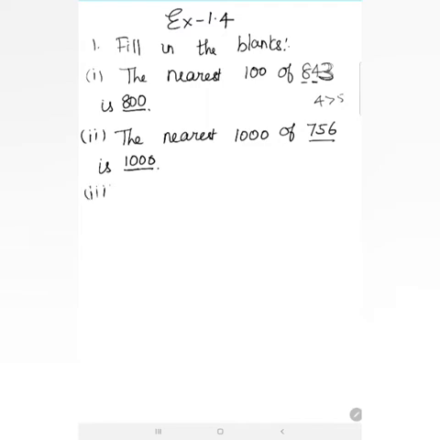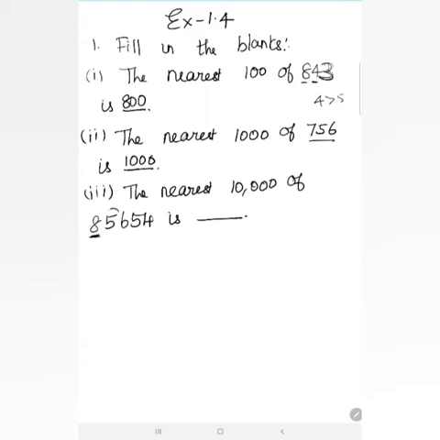The next one, the nearest 10,000 of 85,654. So the nearest 10,000 means this is the 10,000 place.